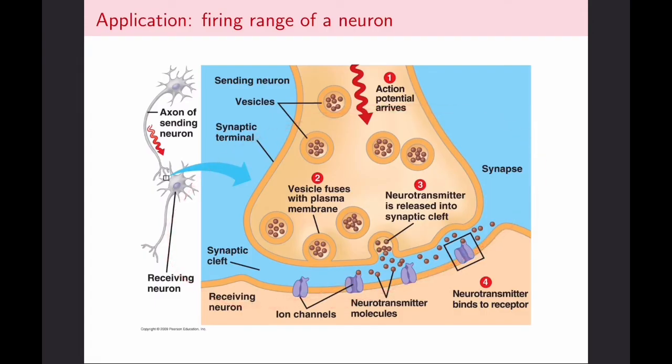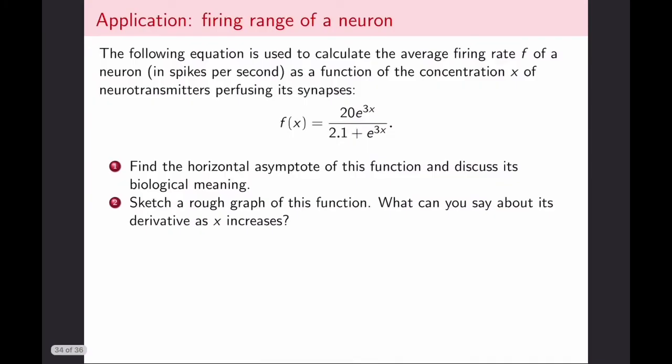So what happens is the neuron that wants to send the message actually does so through the neurotransmitters. And the more neurotransmitters there are, the more likely the actual messaging is going to occur. What is really neat is that we actually have mathematical functions that describe the average firing rate of a neuron in spikes per second as a function of concentration of these neurotransmitters that perfuse the synapses.